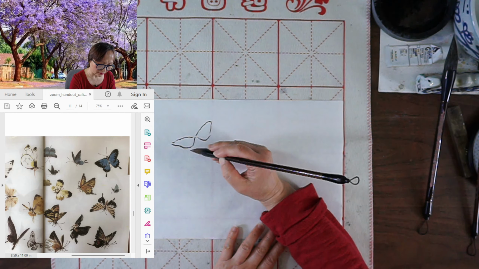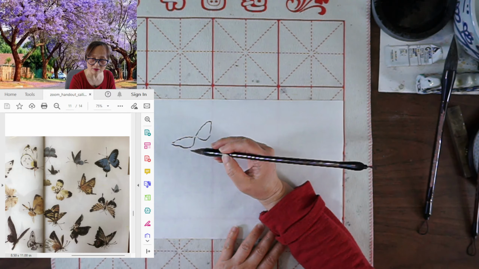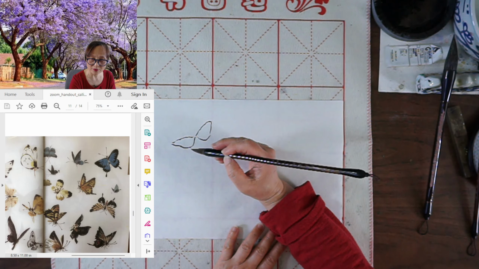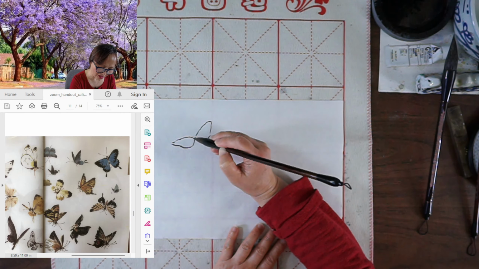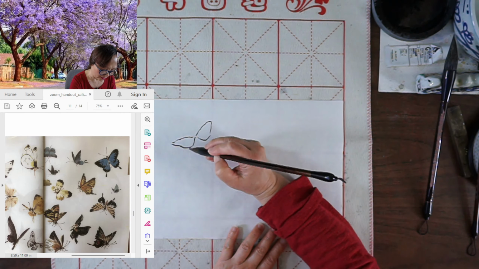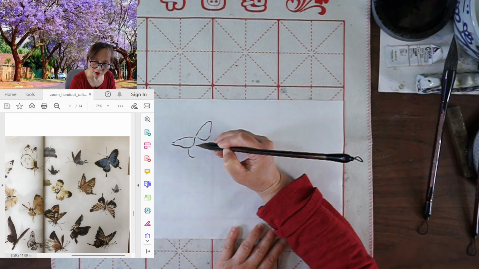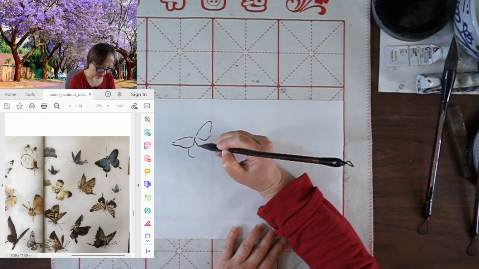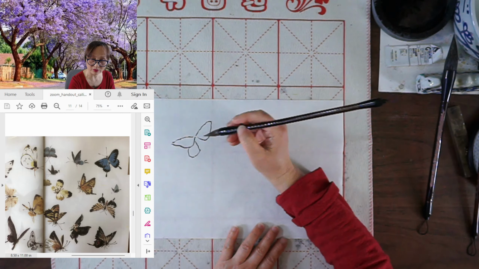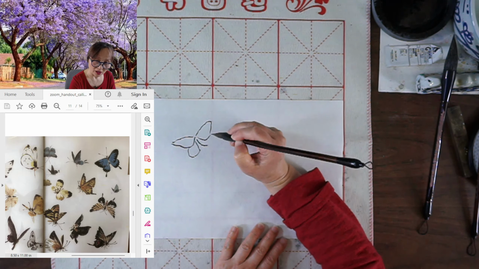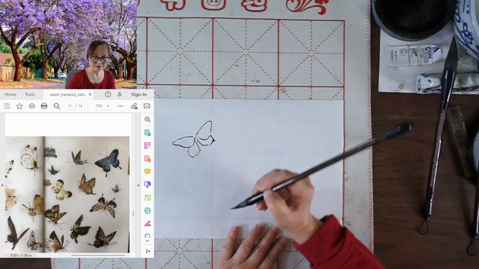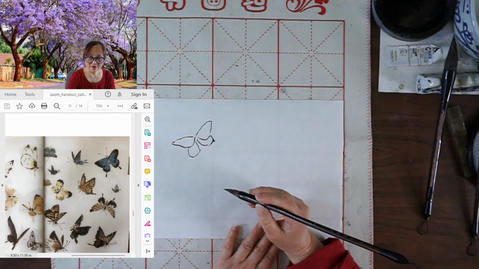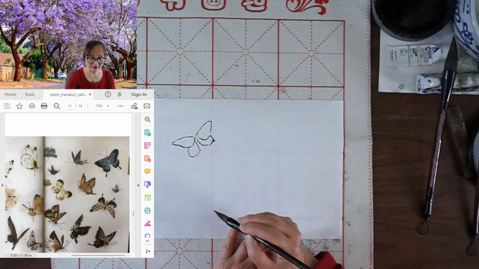The upper and lower wings are very seldom totally separated, a little bit overlapped, with the upper one on top. The lower ones, some are very rounded, a little bit like that, and always more or less overlapped. So the shape is like that, right?